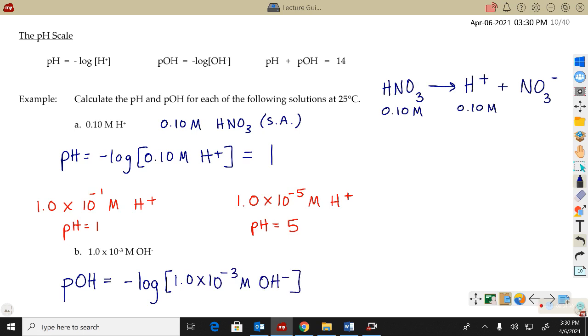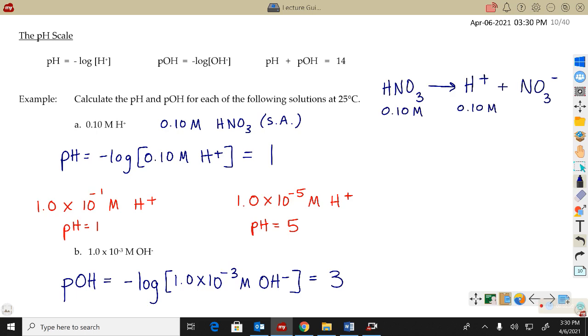And piece of cake, right? As long as it's a 1.0 out in front, then the opposite log is just the opposite exponent of 10. Now I'd say the pOH is 3. Fantastic. All right, so I've got the pH and I've got the pOH.